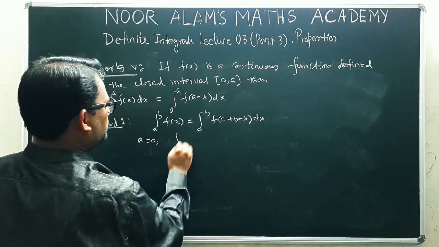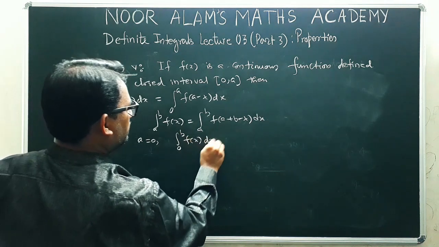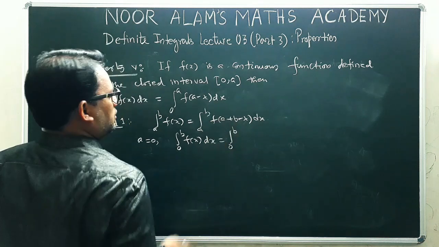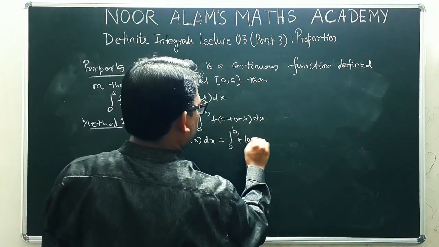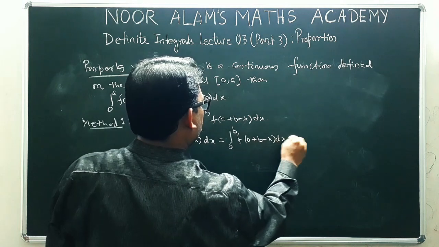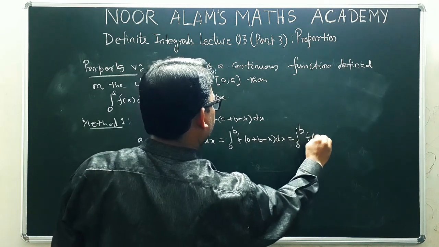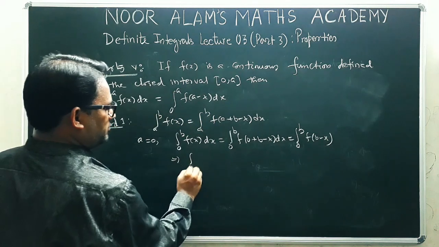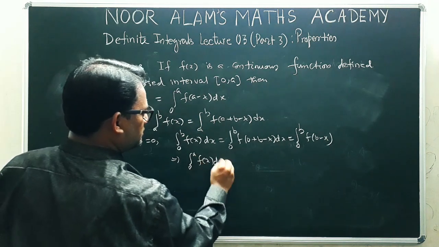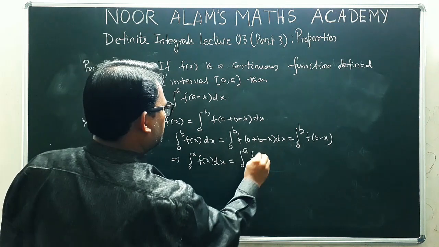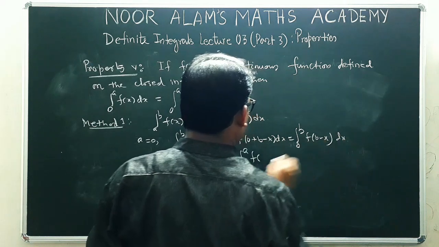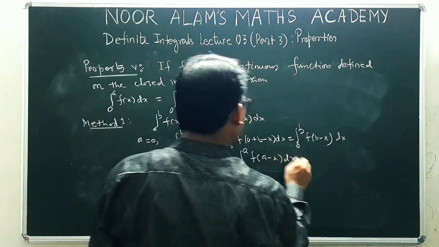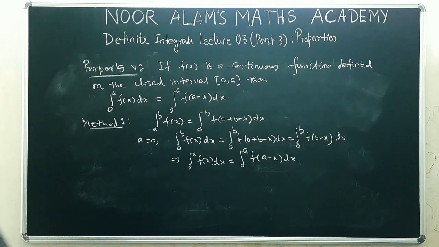So the integral from 0 to b of f(x) dx can be written as the integral from 0 to b of f(0 plus b minus x) dx, so we have f(b minus x). Now instead of b we can also write a, no problem. The integral from 0 to a of f(x) dx is the integral from 0 to a of f(a minus x) dx. Now this completes the proof, done using the previous result, property 4.